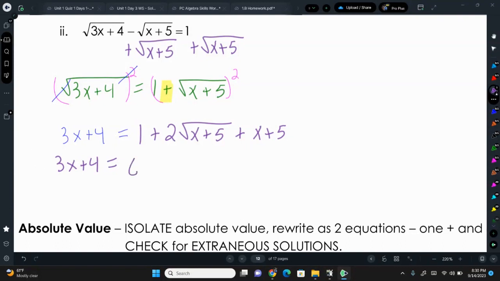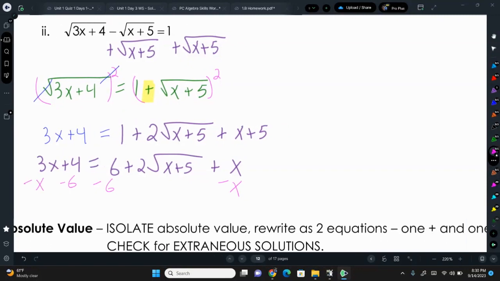So that's going to be 6 plus 2 times the square root of x plus 5 plus x. All right, so we'll minus 6 from both sides, and we will also minus x from both sides. That is going to give us 2x minus 2 equals 2 times the square root of x plus 5.